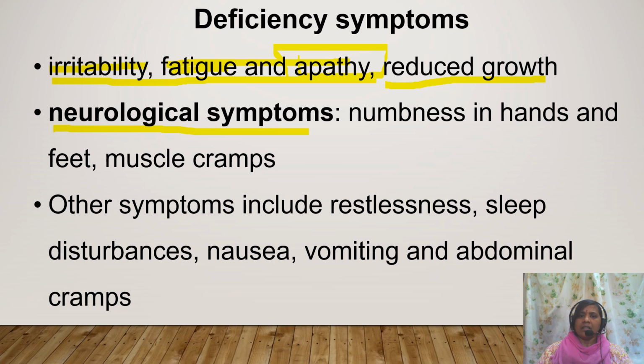Now, the reduced or impaired synthesis of acetylcholine leads to the neurological symptoms, which are seen as numbness in the hands and the feet, and also muscle cramps. So the nervous system is affected because of the absence of the neurotransmitter acetylcholine. Then other symptoms include, as usual, the other symptoms of the B complex vitamins like restlessness, sleeplessness, nausea, vomiting and abdominal cramps.